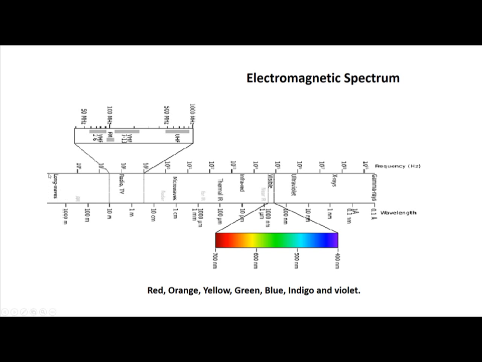At this end of the spectrum, the energy is very low, and you also notice that the wavelength is large. For example, 1,000 meters. And then going towards your right, you come across the radio waves, which is around 10 meters and 1 meter. This is the wave or the radiation or wavelength that is used in transmitting radio signals.